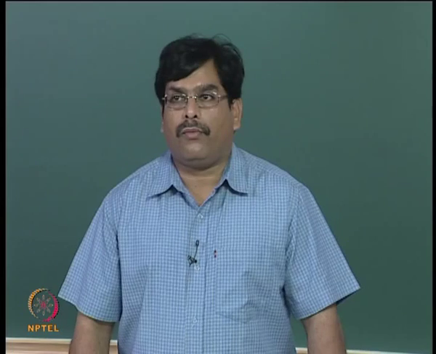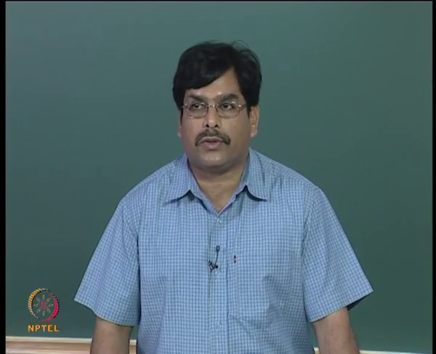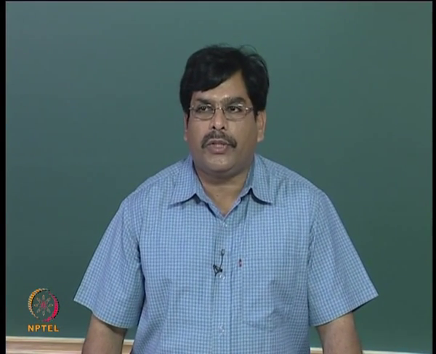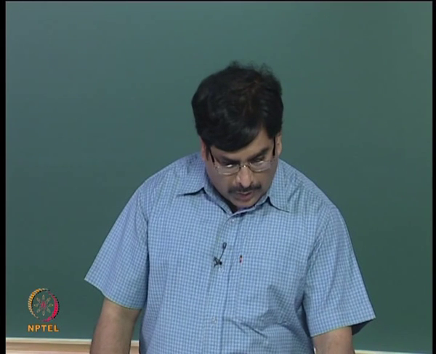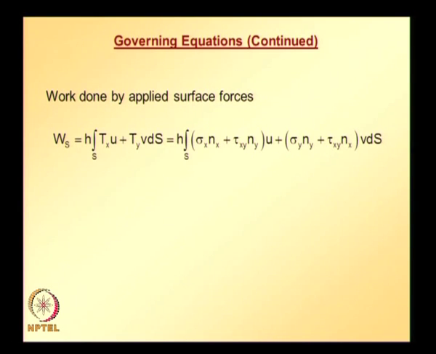As I mentioned, forces can be of different kinds: concentrated forces, distributed forces and body forces. But for generality, let us assume that the forces are distributed. So, for the work done by the applied surface forces, this is how W is defined.